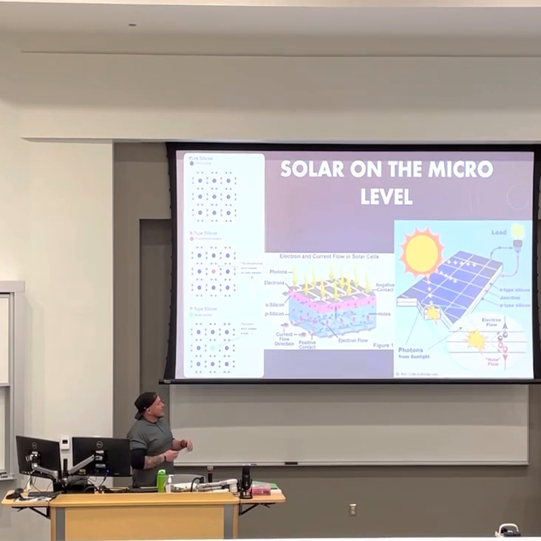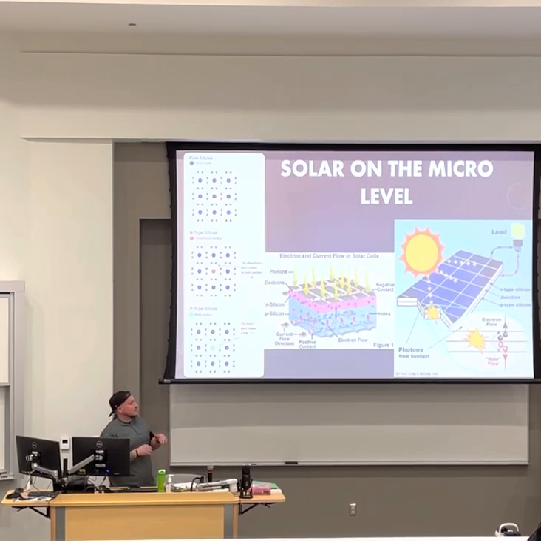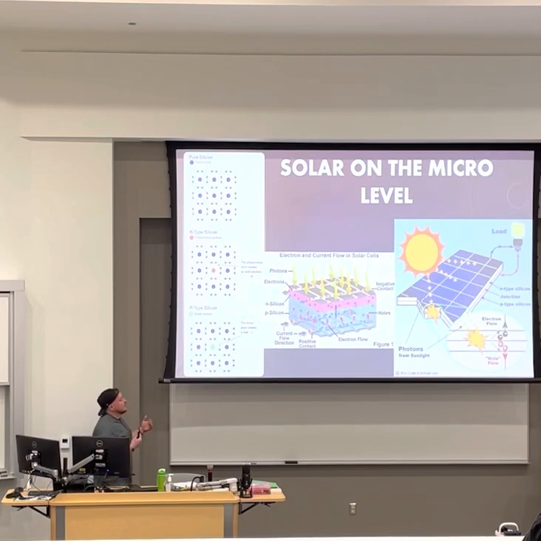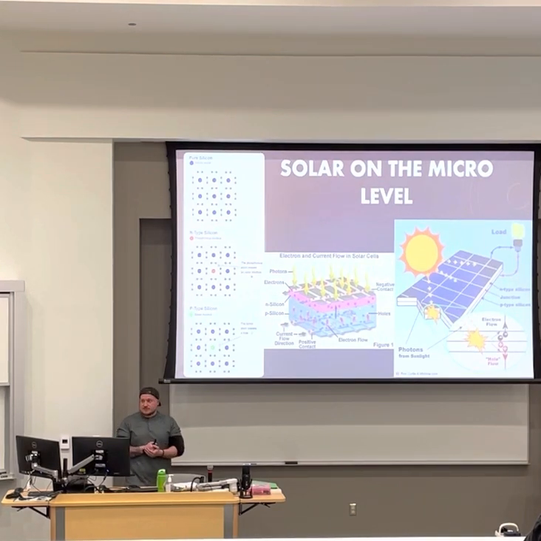Now, solar panels have two distinct, or actually more layers, but two major layers. They're called the N-type and P-type layers. For you to remember this, N meaning negative and P meaning positive. So there are two separate types of layers. We have the N-type, which is a silicon wafer with a phosphorus atom right smack dab in the middle.